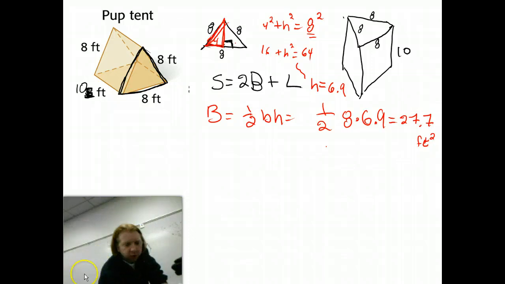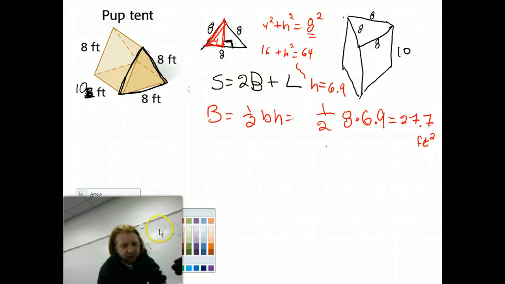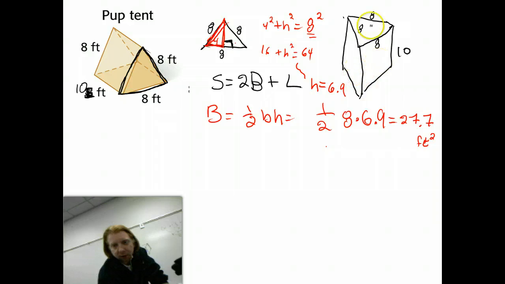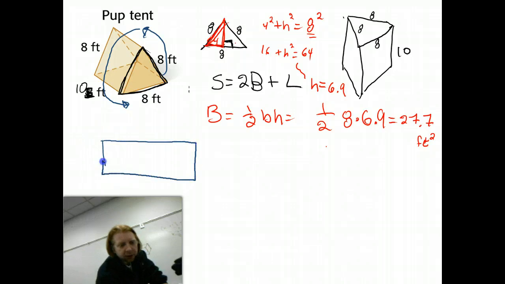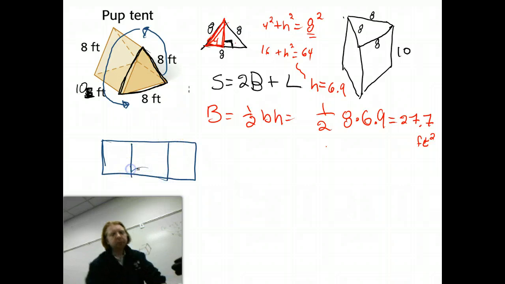And what I find works really well, if you're still having a hard time visualizing it, remember in this case the prism is leaning over, or if I stand it up, it's this wraparound piece here. So let's lay it out flat. If I were to cut it out and lay it flat, I'd have 3 pieces. How tall is that rectangle?